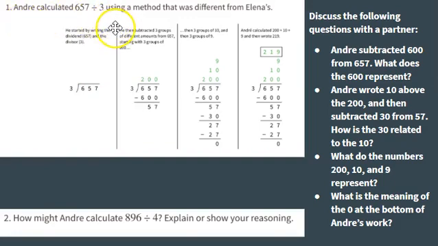Andre did something similar in that he didn't just do a long division, but instead calculated by looking at parts of it, doing more of a partial quotients and dividing in. Okay, so he started off here with 3, and really only focused in on that 600 part. So 3 would go into 600 200 times, or you could think of it as 3 times 200 gave you 600, subtract out, and you had 57 left over.